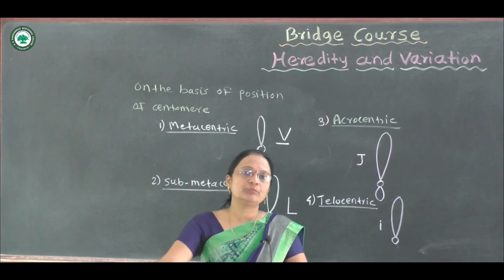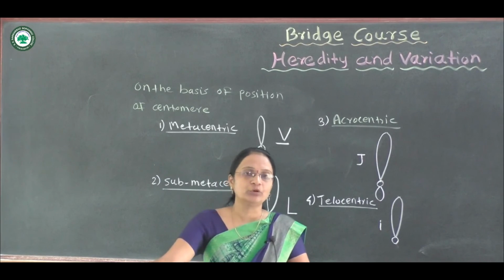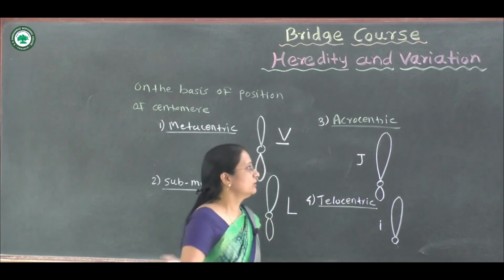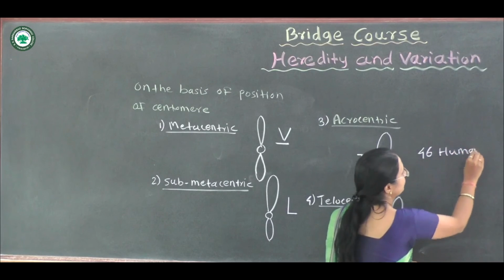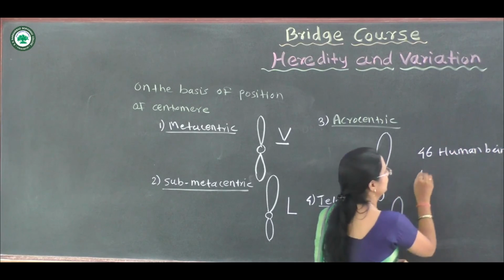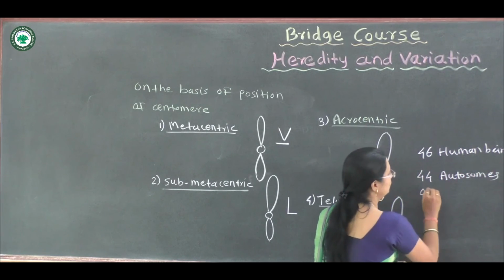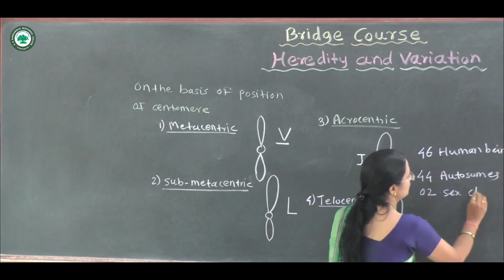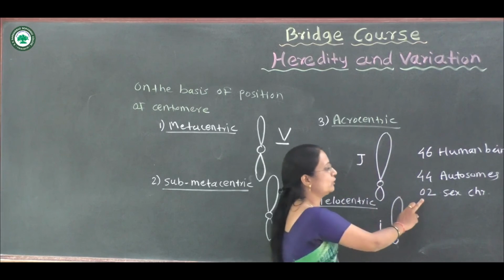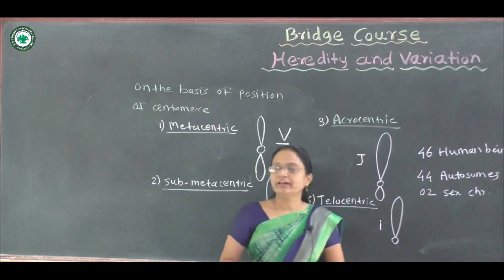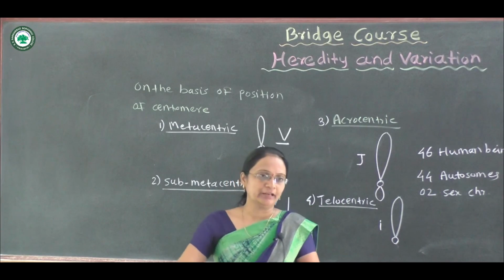Taking the example of human beings, the total number of chromosomes is 46. Of these, 44 autosomes are present and 2 sex chromosomes, meaning 22 pairs of autosomes and 1 pair of sex chromosomes. That is, you find a total of 46 chromosomes in man.